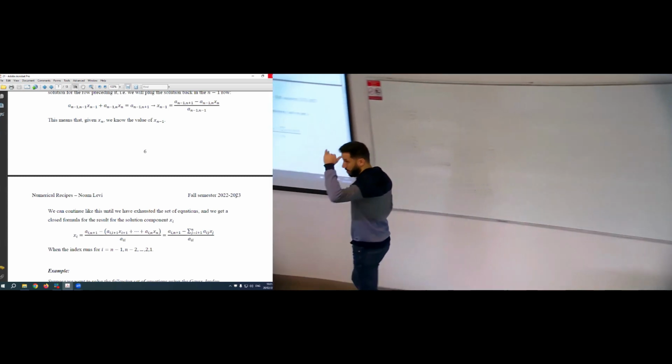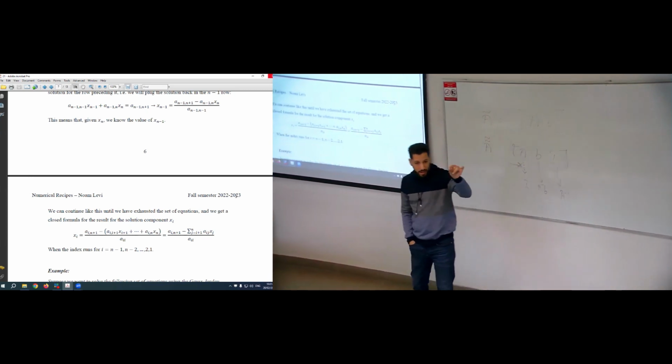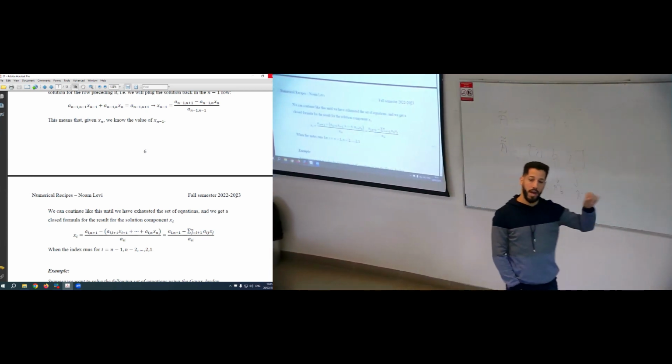So we can build this recursive method and say: at first x_n equals a_{n,n+1} divided by a_{nn}.